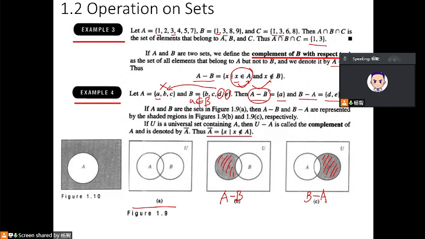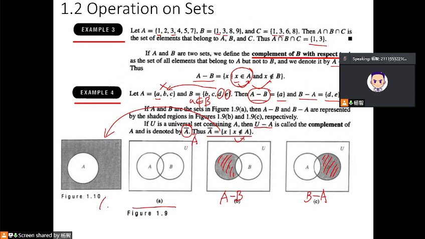Look at the last paragraph. If U is a universal set containing A, then U minus A is called the complement of A. It is denoted by this symbol, A with a bar, and it means all the elements that do not belong to A. Look at this Venn diagram.